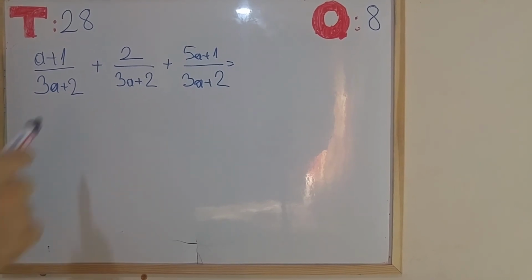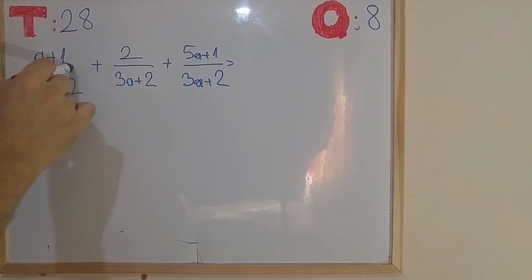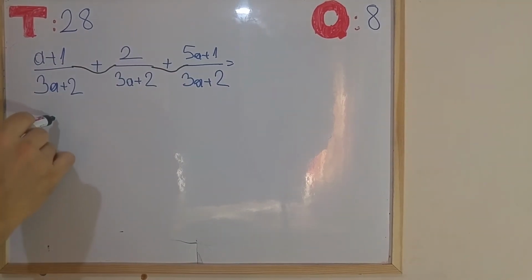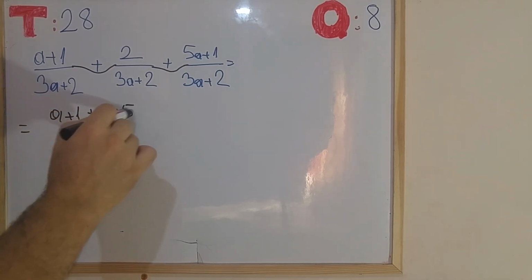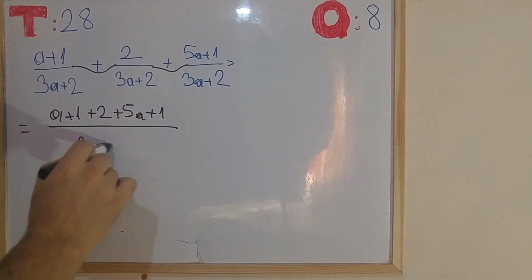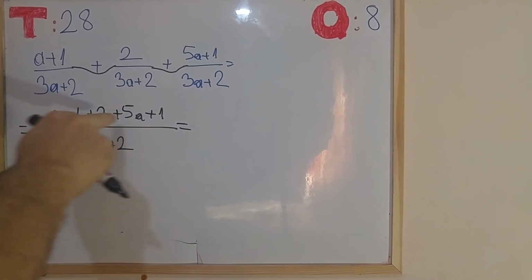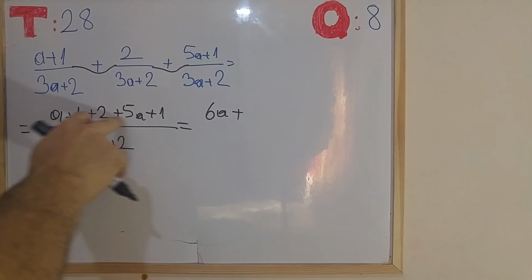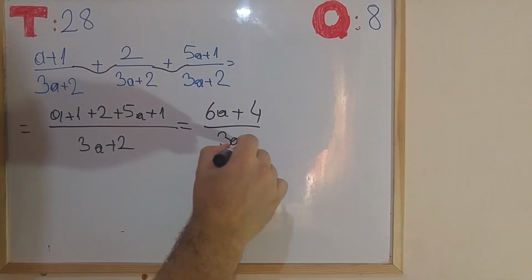In this question we have equal denominators, so what we need to do is just sum up the numerators. So what I have is going to be equal to a plus 1 plus 2 plus 5a plus 1 divided by 3a plus 2, which is equal to, what I have here is 1 plus 5, I have 6a plus 1 plus 2 plus 1, which is equal to 4, divided by 3a plus 2.